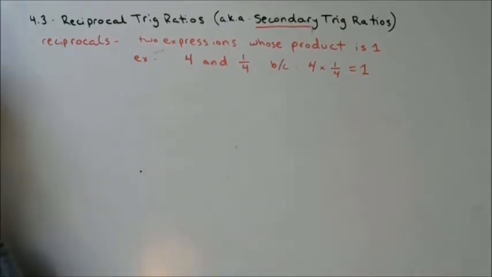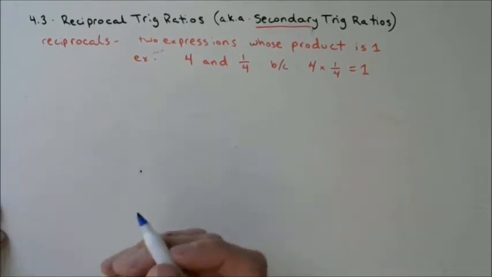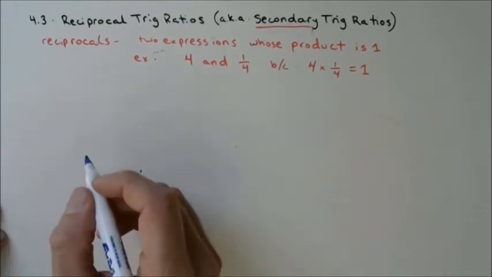to develop a reciprocal. So if we're looking specifically at our trigonometric ratios, a reciprocal trig ratio, when multiplied with a primary trig ratio, will have a product of 1.